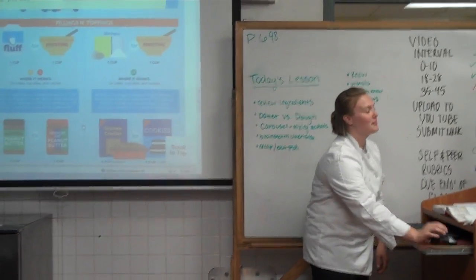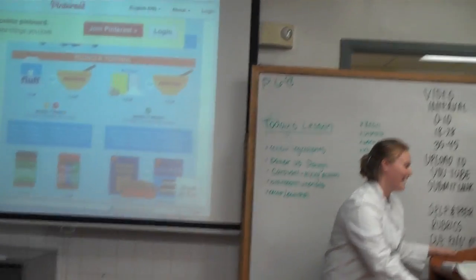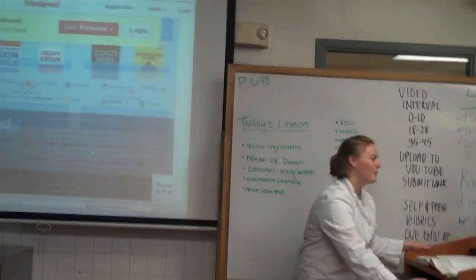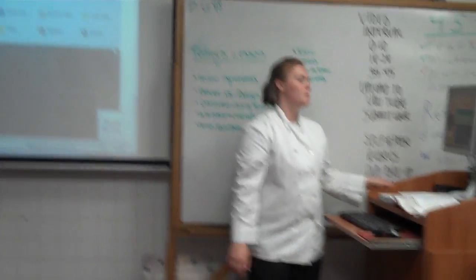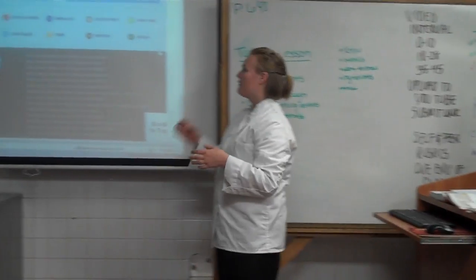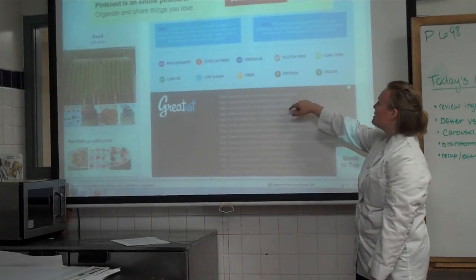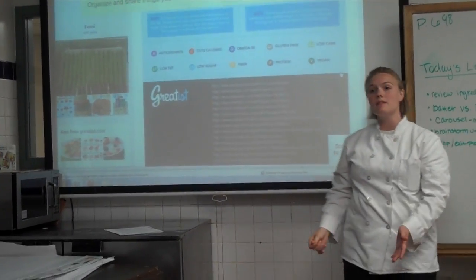It also shows us that we can use a cup of fluff instead of a cup of frosting, which is kind of funny. Down here is where our key is, so it shows us what exactly each one of the little circles means. So this P means protein, GF is gluten-free, LC is low carb, and things like that.